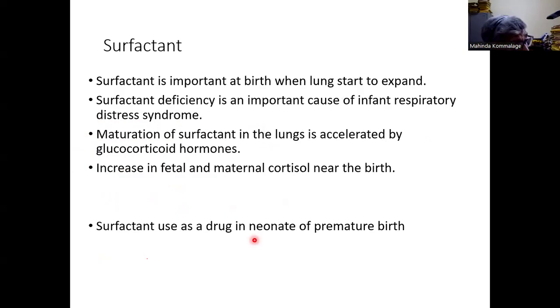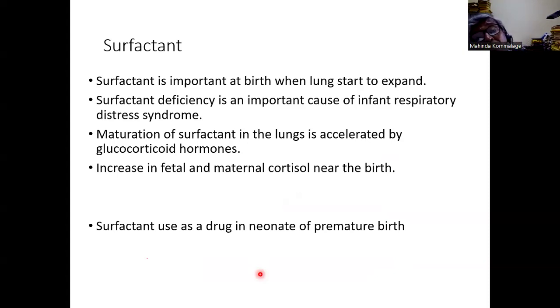Surfactant is important from birth, but sometimes, especially if the birth is earlier than expected, right? You know that pregnancy is about 40 weeks or 280 days. So your baby should stay roughly 280 days. But if the baby wants to come out early, let's say at 230 days, we call it premature birth.